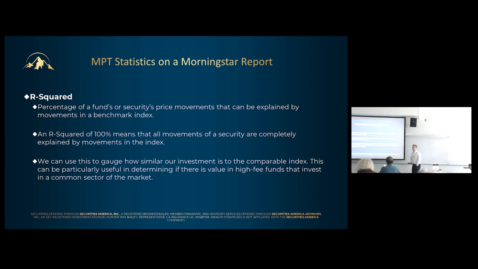It sounds like relative risk. It sounds like, well, if I have an R squared of 80%, it means I should have about 80% of the return of the market. Kind of, but not really. Really what R squared is saying is how much of the returns that I'm seeing can be explained by things that happen in the benchmark. Because if I'm simply looking at beta, I might be in an investment that travels in a completely different direction from the S&P 500.